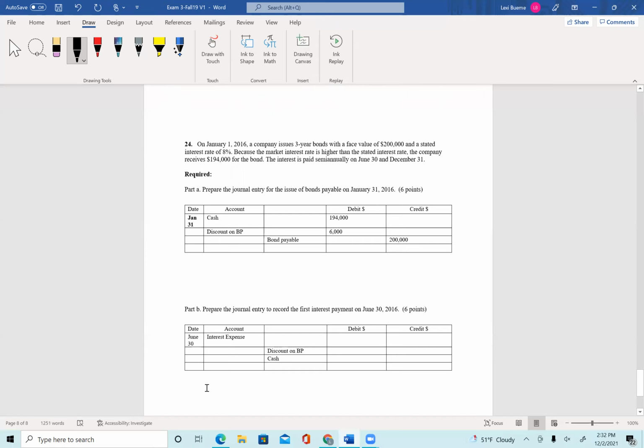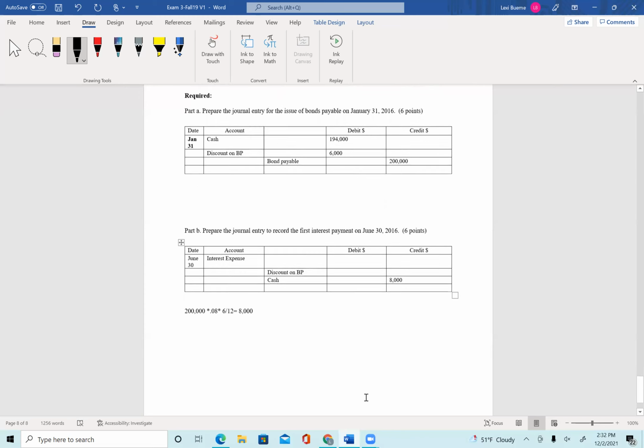So first, to find our cash amount, we're going to take our face value of the 200,000 times our stated interest rate of 8% times 6/12, because it said it's paid semi-annually, so two times in a year, half a year. So we're only finding for this first amount, so that's going to give us 8,000. That's our cash amount.